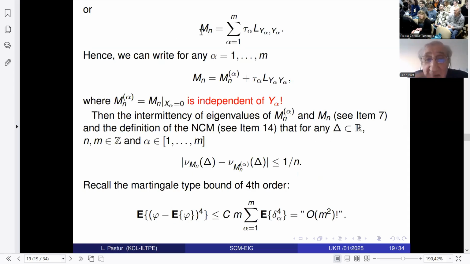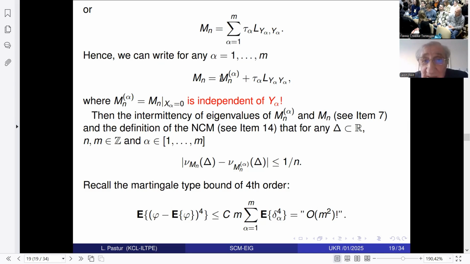So I show you my matrix Mn, which is written as the sum of rank 1 operators y alpha, and having written in that form, I can take any alpha which is in that sum, any term, and single out the term and write my matrix. It's a trivial observation, and you will see that it is quite helpful.